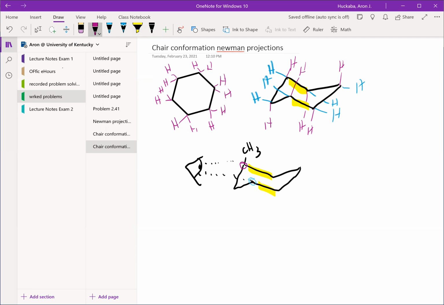And our Newman projection, we said, would look a lot like this. So we have this going down here, and then in the back, we would see this like that. And since the CH3 is pointed up in our Newman projection, it would also be pointed up here because it was axial.